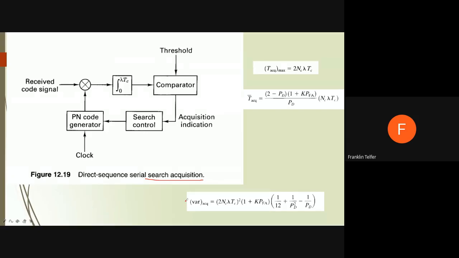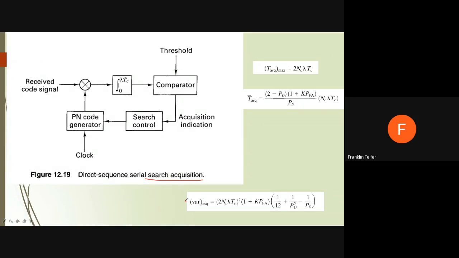The chip count lambda should be very much greater than 1, and lambda Tc should have a fixed value. So certain key points are noted here. The output is compared to the preset threshold. If the output is below the threshold, the phase of the locally generated code is incremented by one half of a chip.